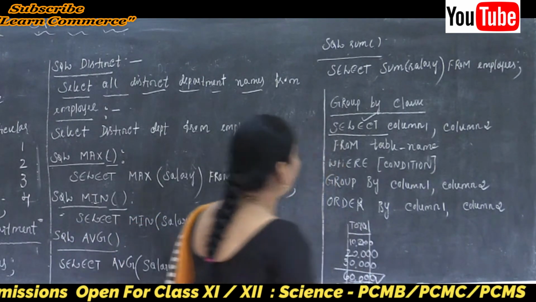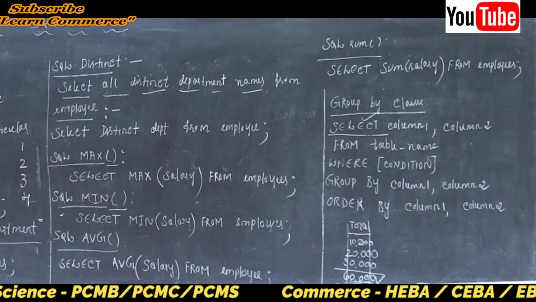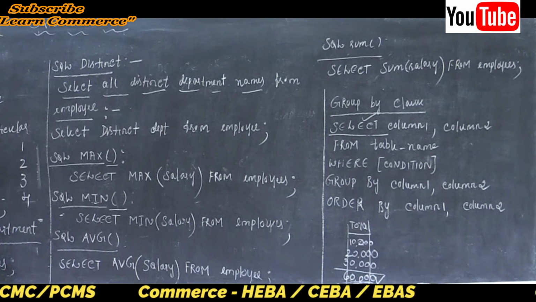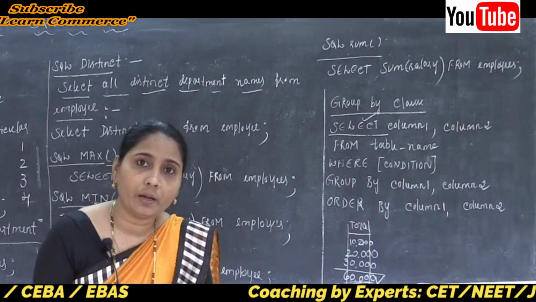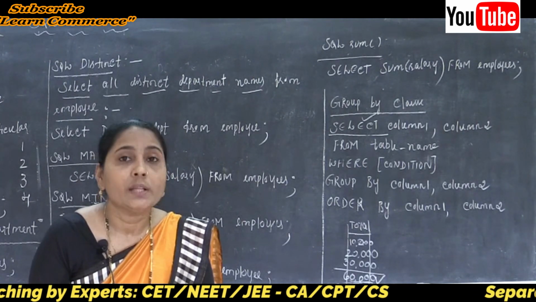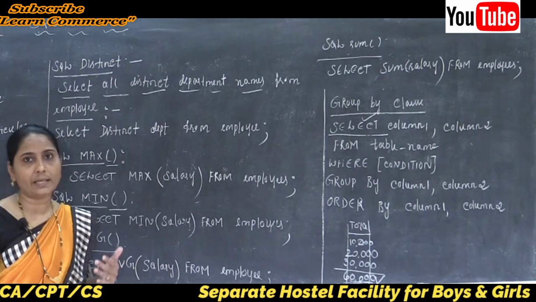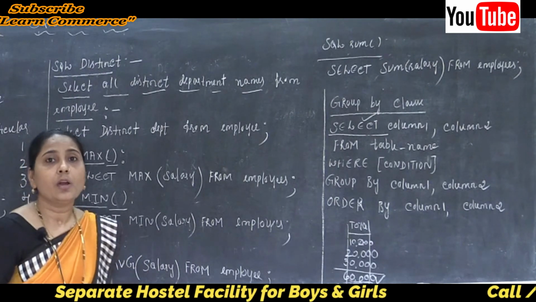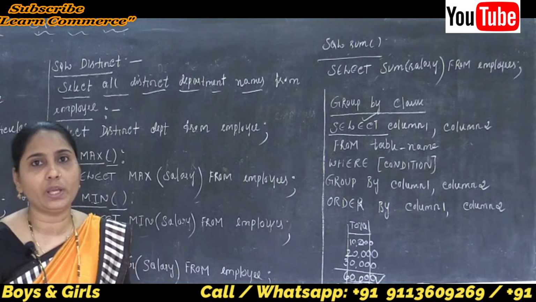And lastly we can say the SQL sum function. So what's the use of the SQL sum function? The SQL sum function is used to return the total sum value of a numeric column, the total salary, to get the total salary given out to the employees.